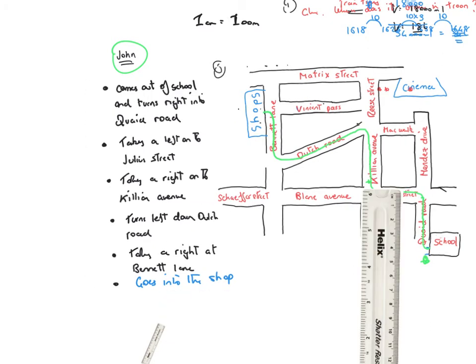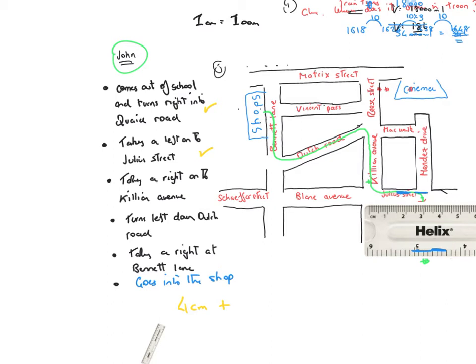Okay, so let's just take one bit at a time. He comes out of school and he travels down Quaid Road. Now we can see that that is about 4 centimetres. Okay, so I'm just going to list that at the side. So the first bit of his journey, first line, 4 centimetres. Okay, so that's that bit done. He then takes a left down Julie Street, so let's do that bit.